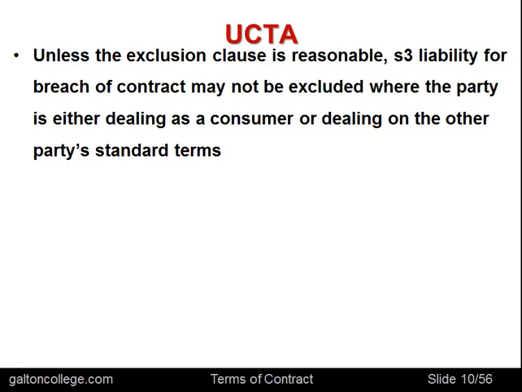So it's not possible to exclude liability in contracts if one of the parties is dealing as a customer or a consumer, or also dealing on the other party's standard terms. If they're meeting the standard terms of the contract and dealing on that basis, then liability cannot be excluded.